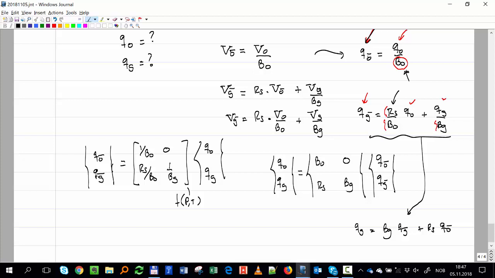I think so. You have to correct me if there is any mistake, but I think it's correct.